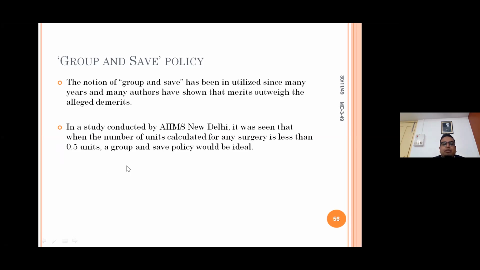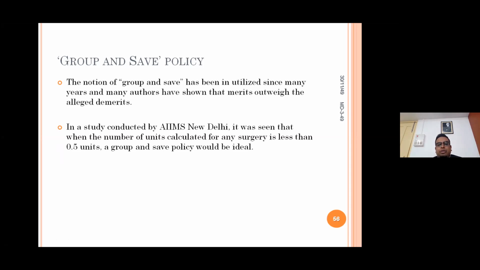What is this group and save policy? Suppose you see that only 0.5 units or less are required for a particular surgery. You don't cross-match; you just group the blood and screen it for antibodies and save it, because cross-matching will incur some cost and keep the blood in reserve for the particular patient.